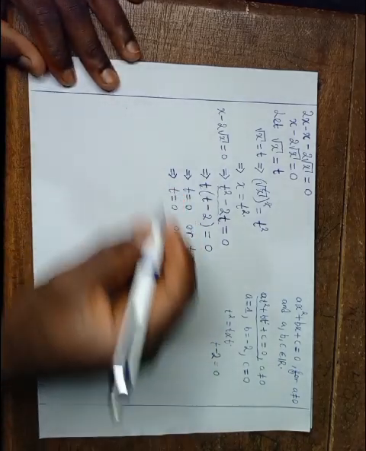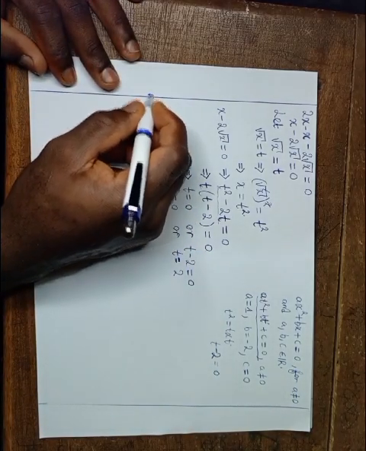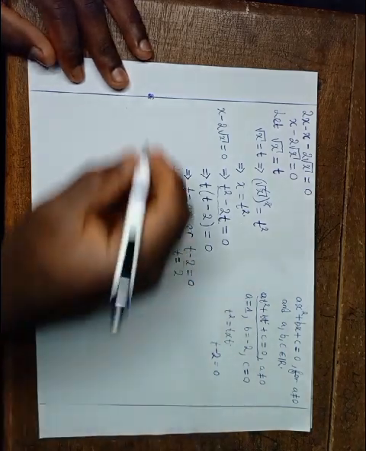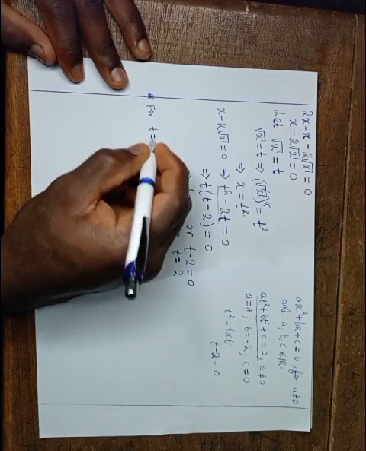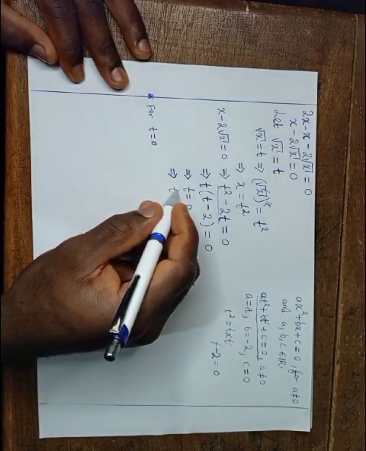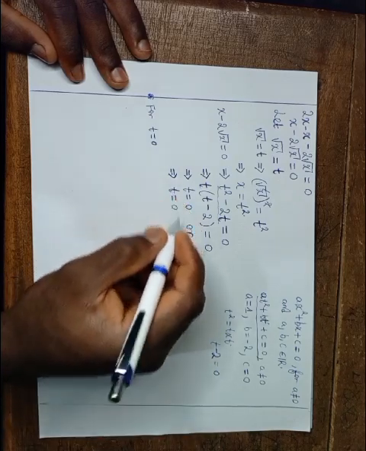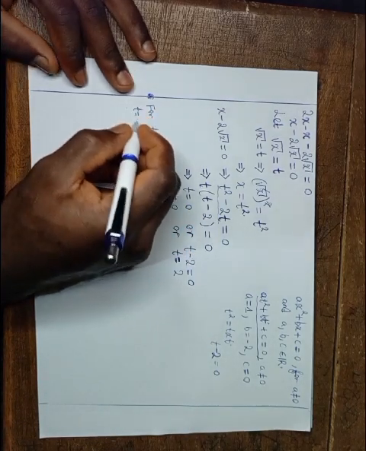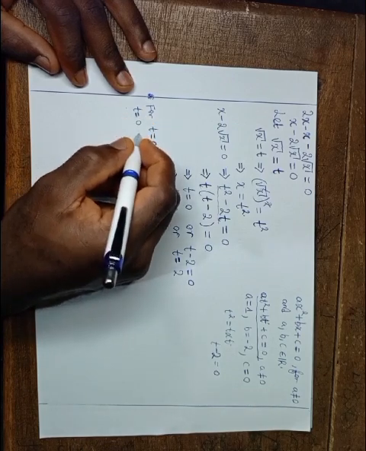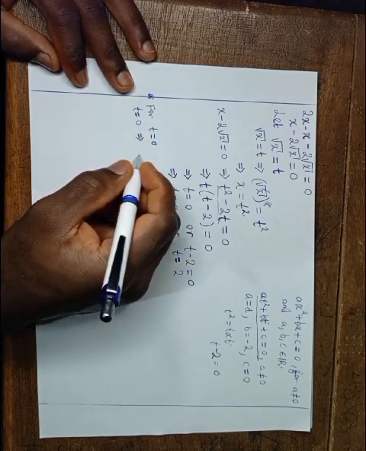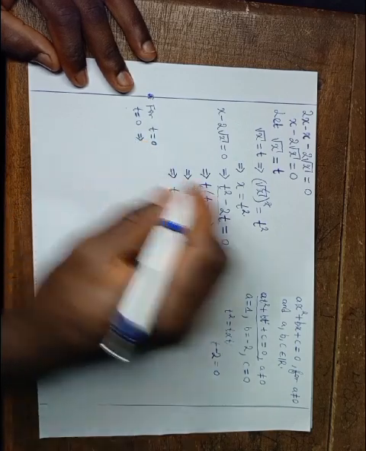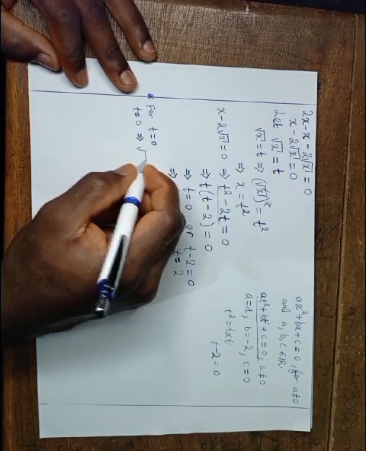So let's take a star for the first one. For t equal to 0, we are going to replace t with root x. We know t is simply equal to the root of x.